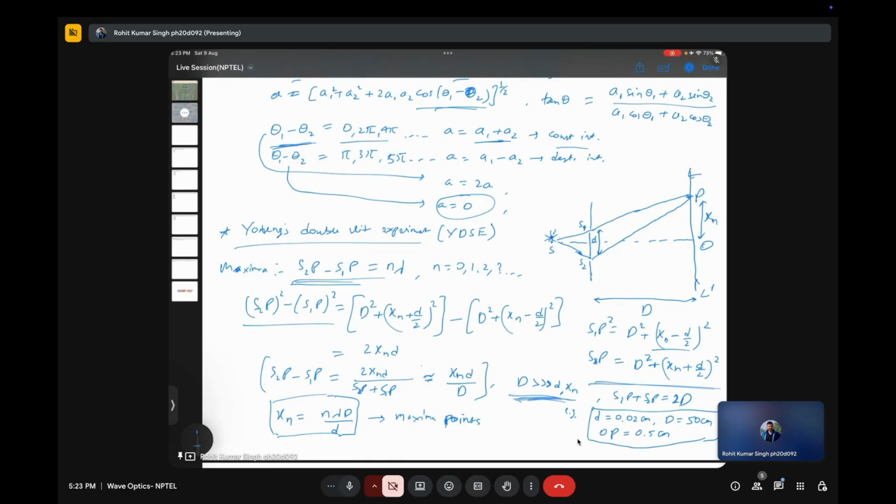So basically the fringe width, and that you can calculate. You just calculate the (n+1)th and nth distance, and you subtract that, and you will get lambda D by d, and this is called the fringe width.